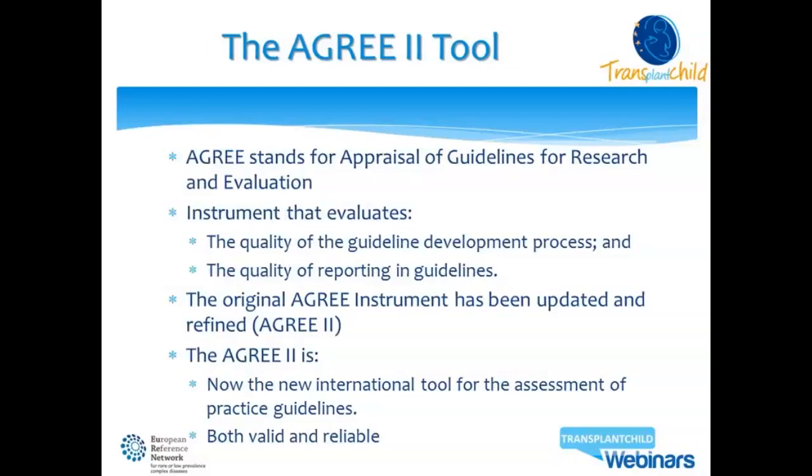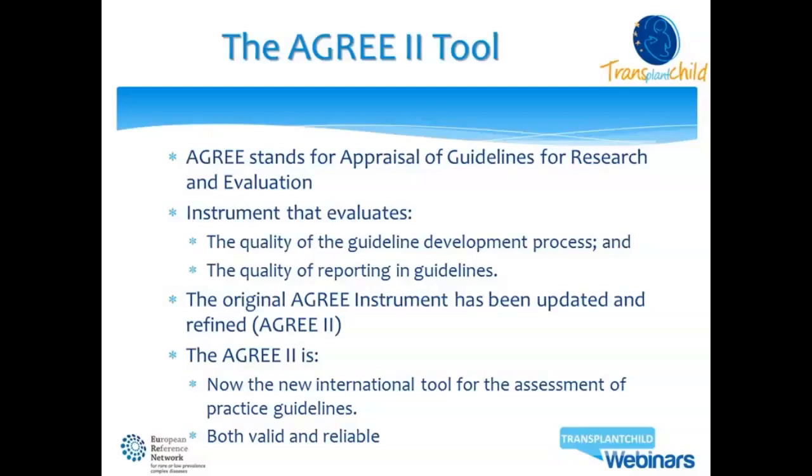Sometimes the methodology could be very good, but the way it's reported is not so good. That's one of the main issues when we check clinical practice guidelines in the format of a peer-reviewed article, because they have a constrained number of pages to report the results. Sometimes the clinical practice guideline is poorly reported.